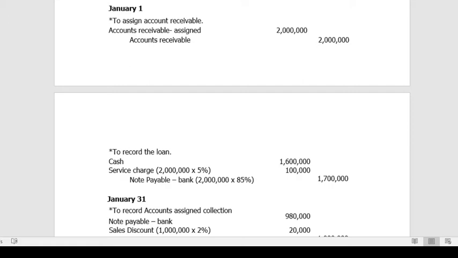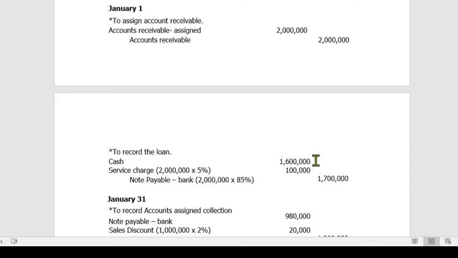Okay. Ang sabi kanina, 85% lang ang pwedeng ipa-loan ni bank sa'yo. Magkano ang inassign mo? 2 million. So, 2 million times 85% is 1,700,000. So, that is your liability to the bank. So, you credit, note payable bank, 1,700,000. Masabi, meron daw service charge na 5% based on the gross amount of the accounts receivable assigned. So, 2 million times 5%, that is 100,000.